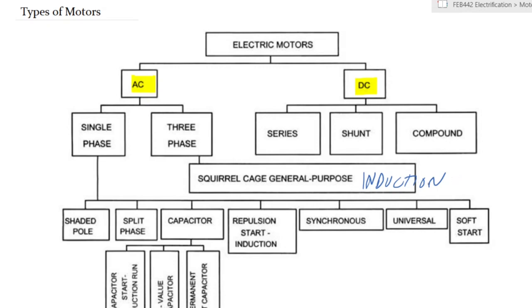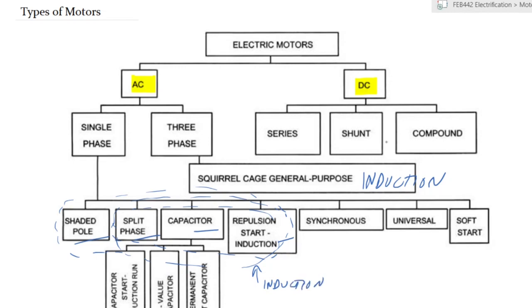This principle of induction is also used in some single-phase motors. It is used in shaded pole motors. It is used in split-phase, capacitor, and repulsion start induction run motors. Shaded pole is slightly different, but these types of motors are induction motors as well.